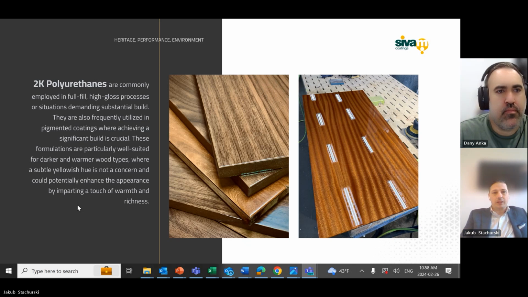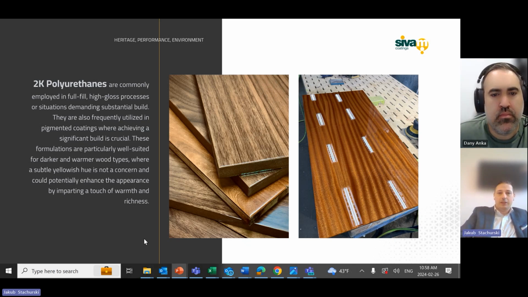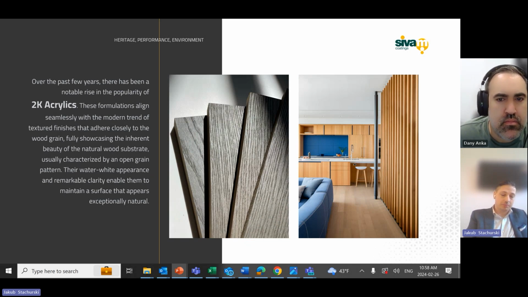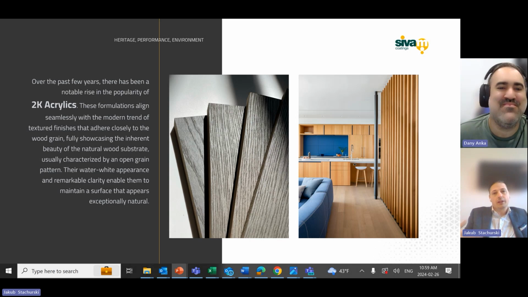Then when we look at acrylics, acrylics will be a low build finish typically most of the time, that will have a water white non-yellowing property. So it really allows the wood to be as natural as possible with solvent-based coating.